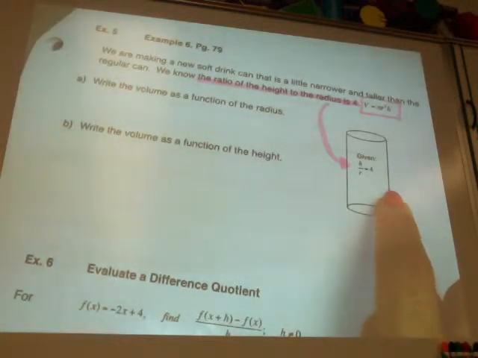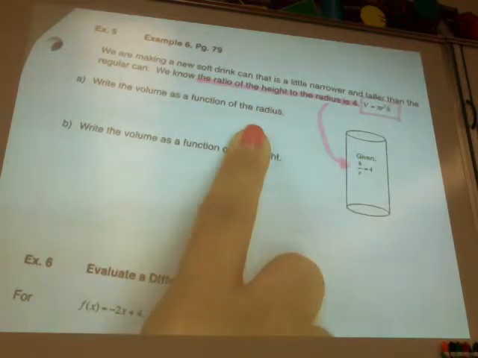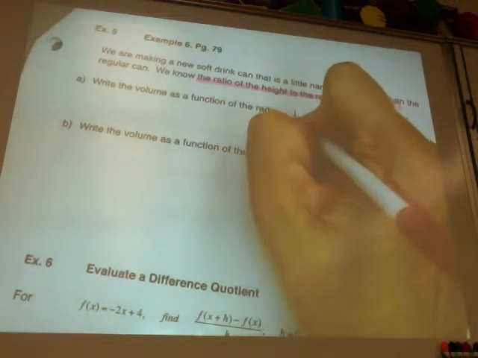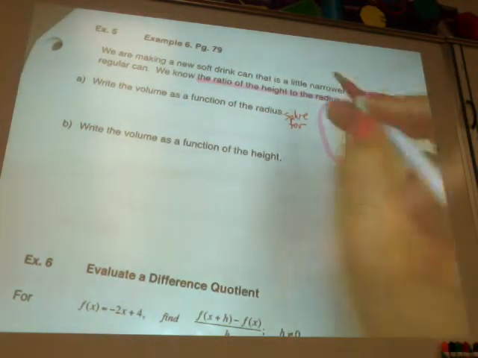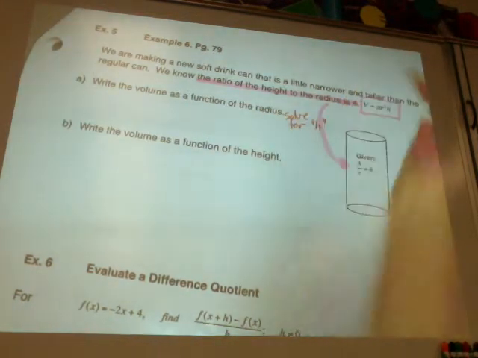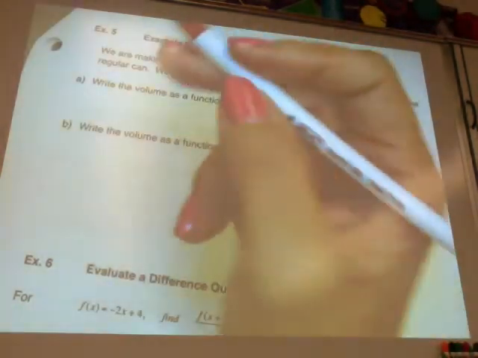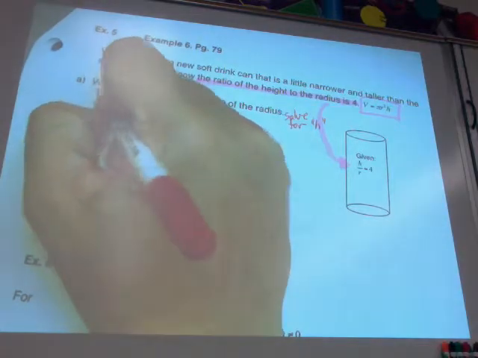So if I want to get rid of H up here because I want the function to be in terms of the radius, I'm going to solve for H. So I have H over R is equal to 4.